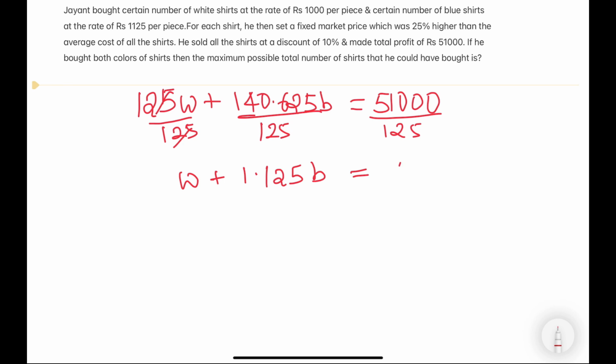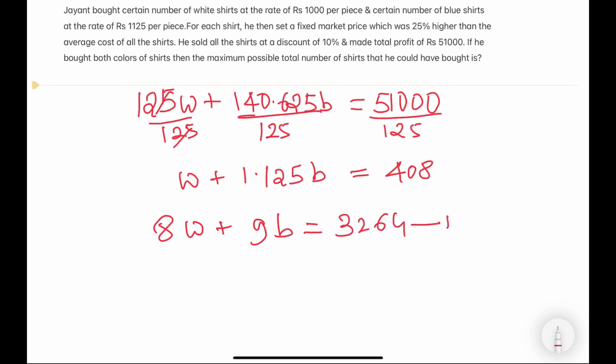This will give me 408. To remove the point, I multiply by 8. I will get 8W plus 1.125 into 8, guys. 1.125 into 8 should give me a 9. 408 into 8 is 3264.